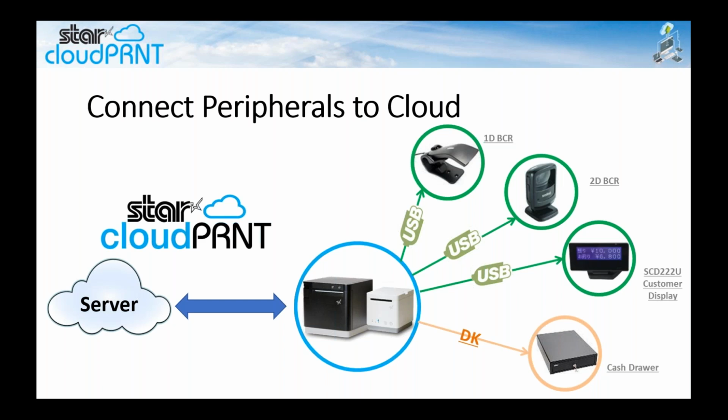Of course, you can connect a cash drawer like you can with every other printer. But the important thing here is you're able to drive all these peripherals through the printer. They're USB connected, so they're affordable versus a Bluetooth peripheral or something like that. But you're able to drive them all from the cloud, just like you can the printer, using our CloudPRNT protocol.